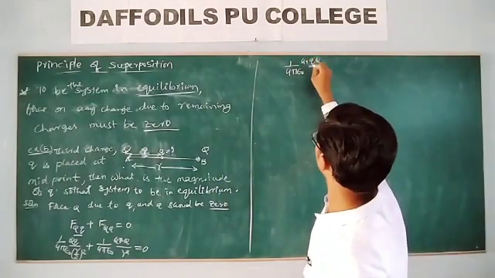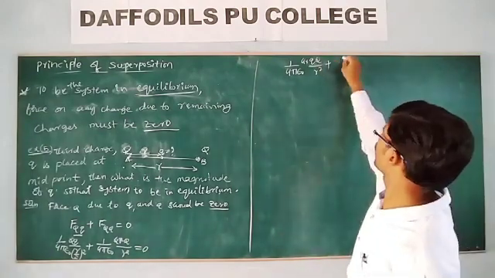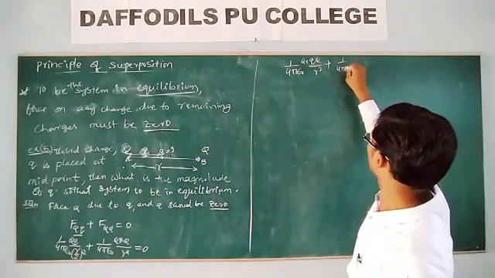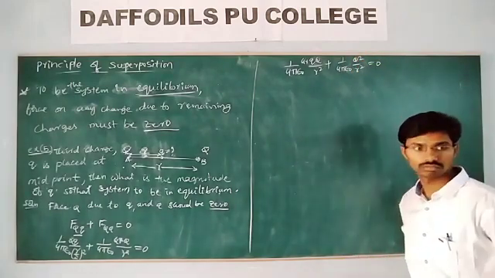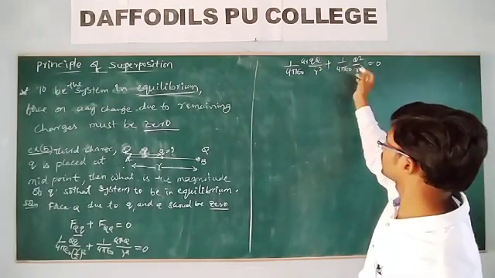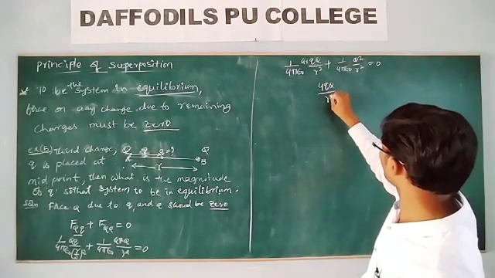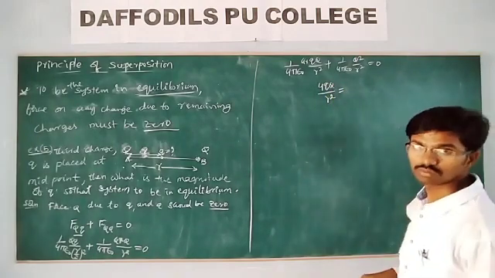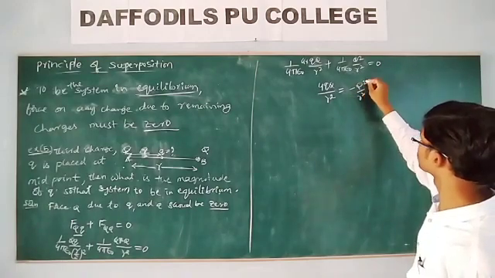So 4Q by R square plus Q square by R square is equal to 0. Then 4Q by R square is equal to minus Q square by R square.